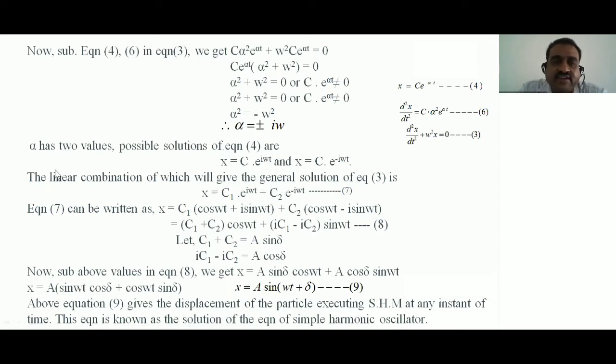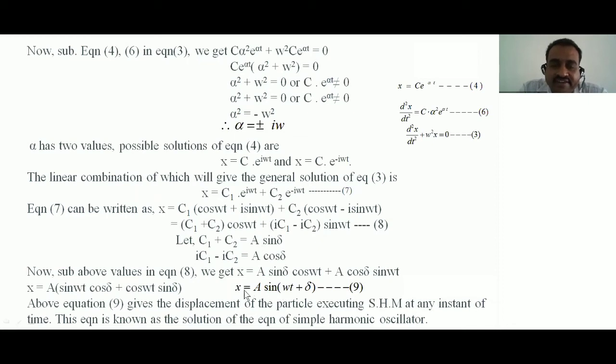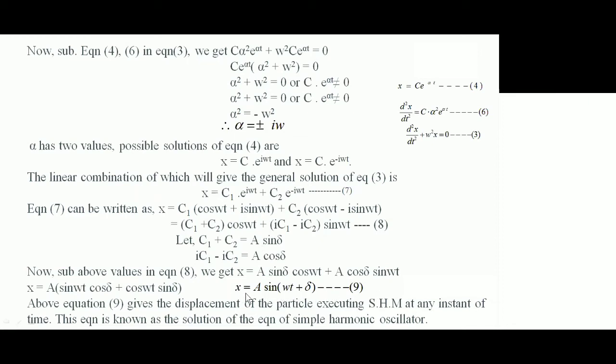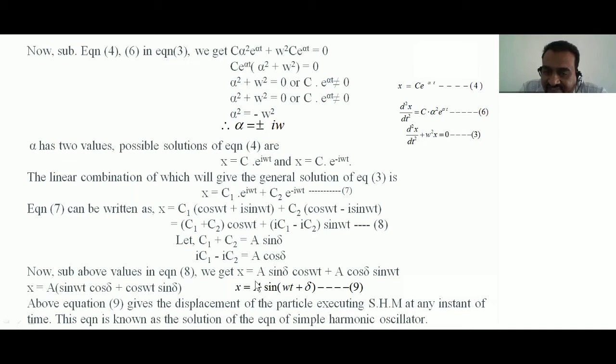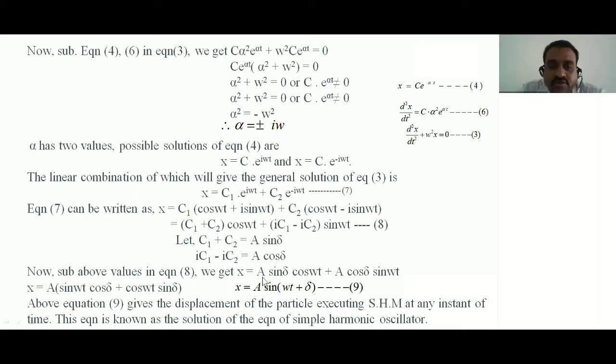Depending on this sine curve, this is the resultant amplitude A. In simple harmonic motion we always take A sine of something. So this constant is the amplitude and the sine of some angle. So c1 plus c2 is equal to A sin delta, and here i c1 minus i c2 is A cos delta, depending on this amplitude we take sine and cos.